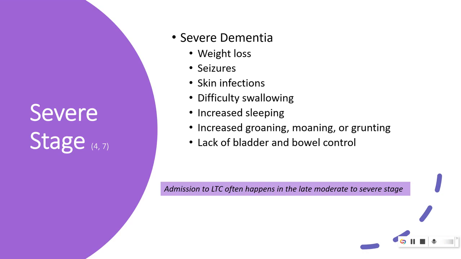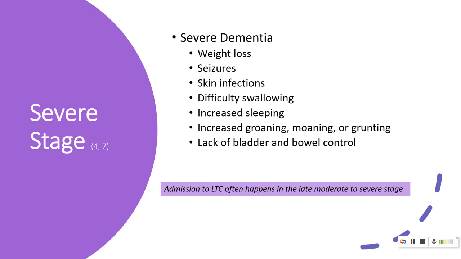As the person doesn't get up as much, we can also see some respiratory infections. So frequently, it's a respiratory infection that is the cause of the person passing away, usually a pneumonia or some type of respiratory infection, because of the inability to take those deep breaths and to get up and move around and to cough and get that mucus out of their lungs.